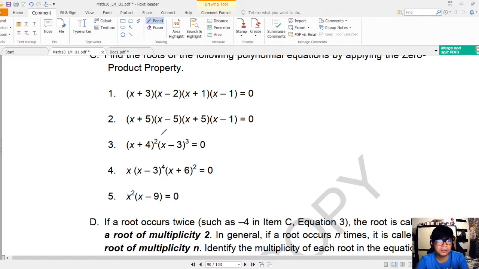So, halimbawa ito, find the roots. The first root, magiging ganito siya, diba? x plus 3, each factor equate natin sa 0. x plus 3 is equal to 0. Tapos, x minus 2 is equal to 0.